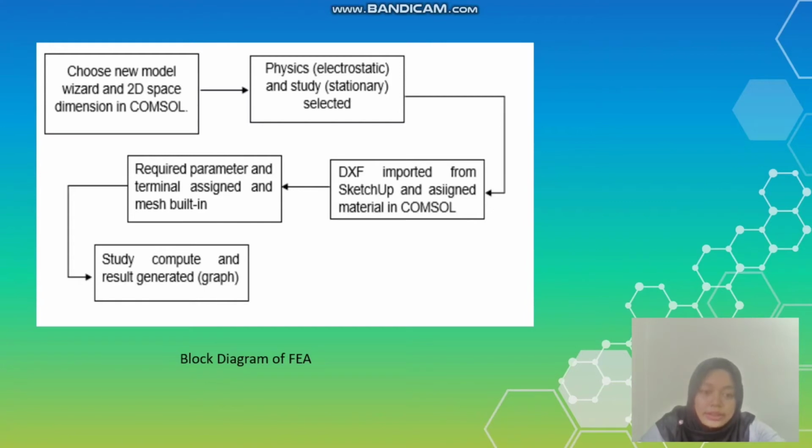Then the material can be assigned by the user depending on the type of insulator needed. The parameter and the design required can be inserted and manipulated, and terminal assigned by the user itself. Last but not least, the user just has to click on the study to compute in COMSOL Multiphysics software to generate the result in 2D simulation that is presented in the graph.